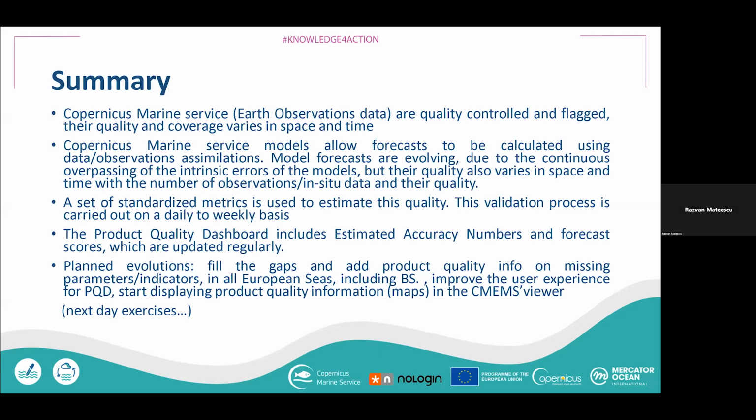The product quality dashboard also includes several estimated accuracy numbers and forecast scores, which are regularly updated, and also planned evolutions are encompassing filling the gaps and adding new products with better quality, also better quality information on missing parameters and indicators for all European seas, including the Black Sea, improving the user experience and starting to display the product information with better visualization tools.